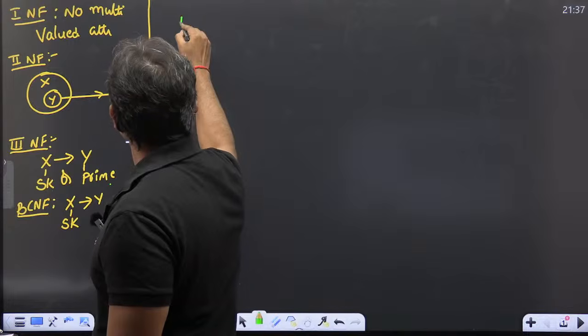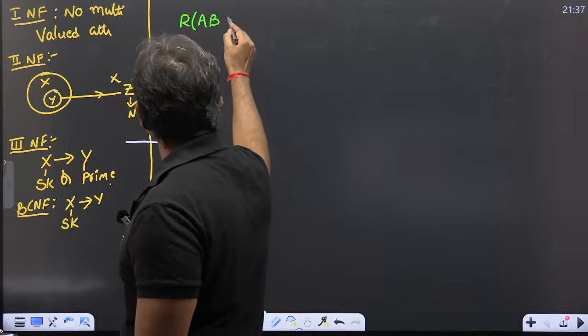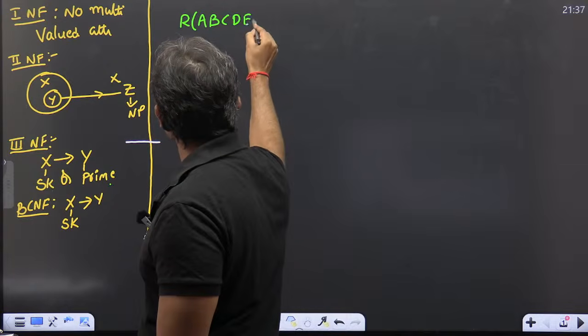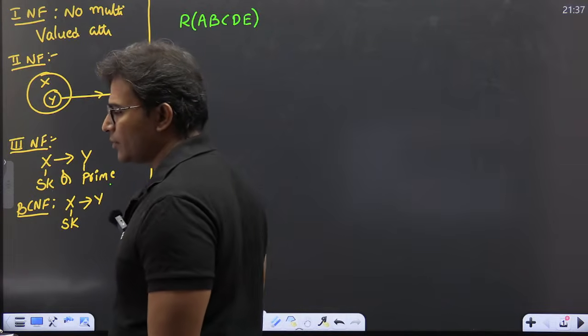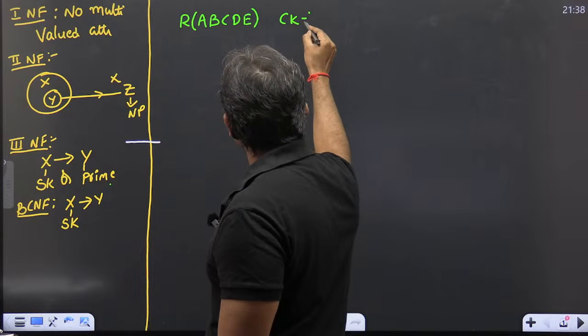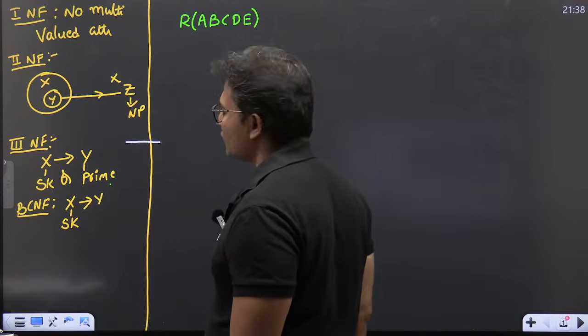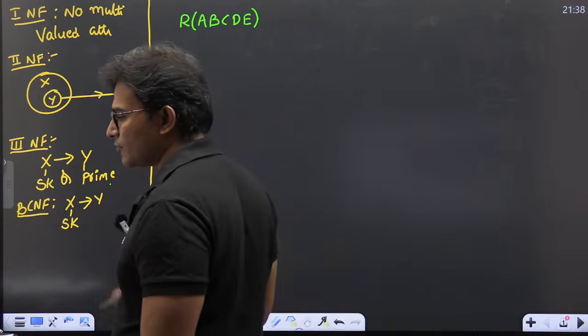R is A, B, C, D, E. Let me first give the FDs. R is A, B, C, D, E, right?